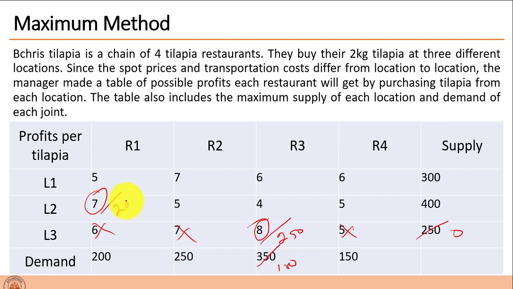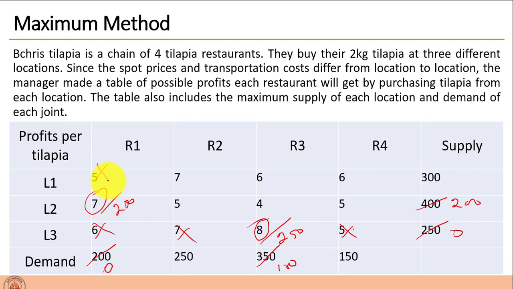So give this 200 so that R1 will be satisfied, but then we still have 200 left in warehouse number 2. So warehouse number 2 cannot provide to restaurant number 1 again, because they don't need any more.